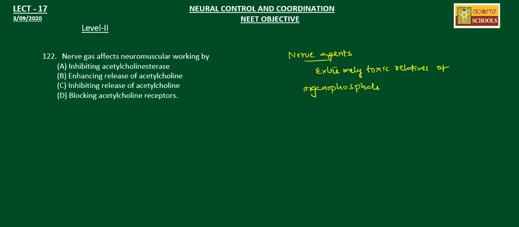Some examples of these nerve agents include tabun, sarin, and soman, which are the first nerve agents that were synthesized.